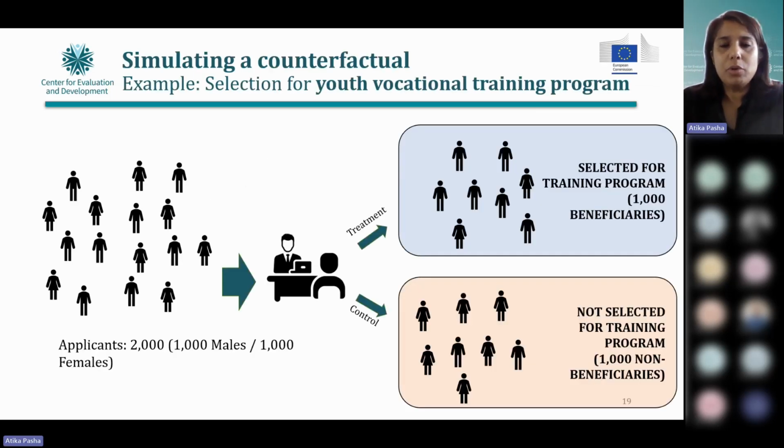So to talk about how a counterfactual works, here we have about 2,000 youths who are being selected for a youth vocational training program. Let's say 1,000 males and 1,000 females, who have applied. After their application has come through, they are called in for an interview.